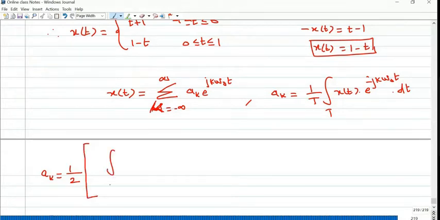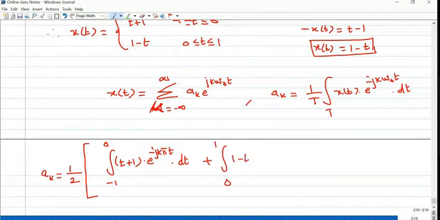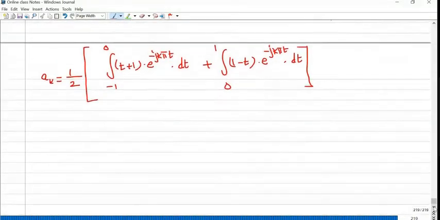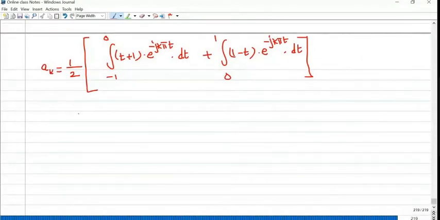Next, from -1 to 0, x of t is t plus 1, so (t plus 1) e power minus jk omega naught t, where omega naught value is pi, into dt, plus integration from 0 to 1, x of t value 1 minus t, e power minus jk pi t dt. So solve this integration and finally simplify for ak.